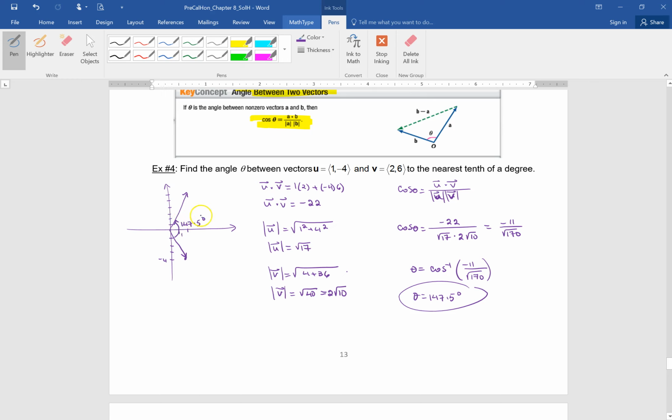Oh my god, do you see that? That's the angle that we found. It is kind of cool, all this using the projection. Just the length of the shadow that one casts on the other gives us that angle. It's really something amazing.